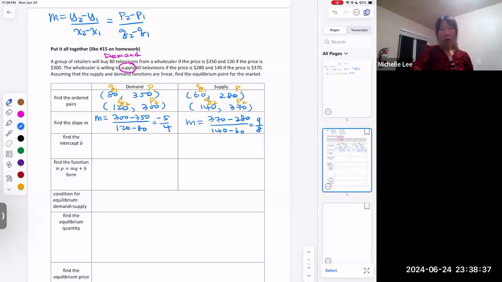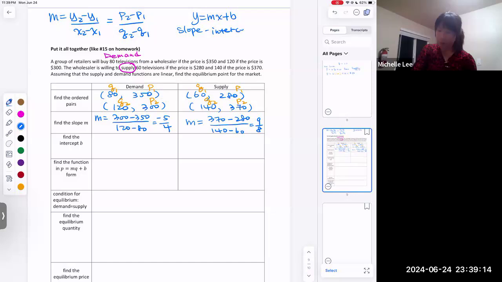Okay, y-intercept. How do we find the y-intercept? We had y equals mx plus b, where b is the y-intercept. This is slope-intercept form, when you took the algebra course, right?